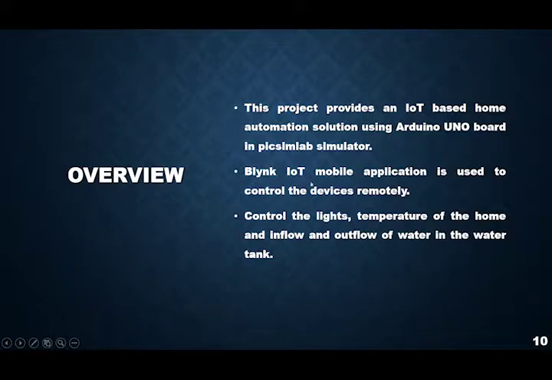We have used the Blynk IoT mobile application to control the devices, and there are three parts in our project. First is controlling the garden lights. The second is the temperature sensor at our home, and the third is the serial tank water controller. I'll go through each of the parts in the coming slides.